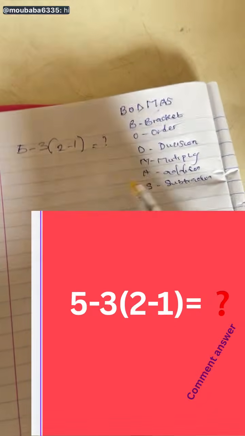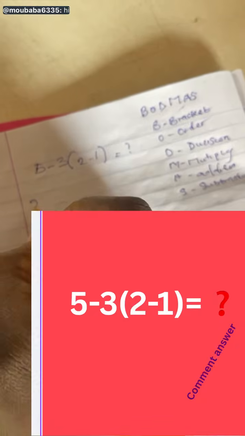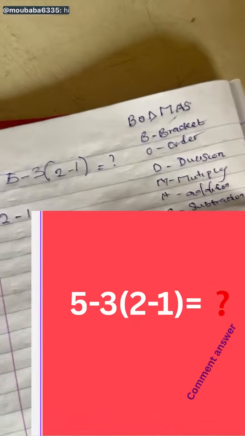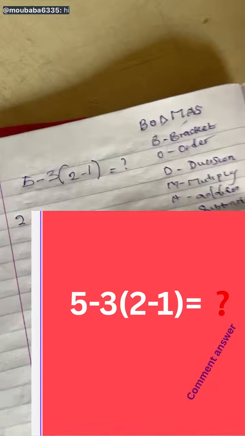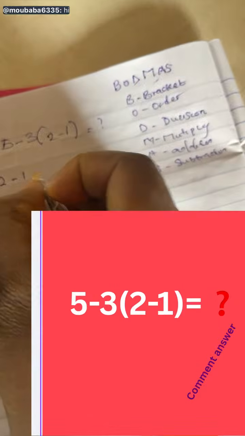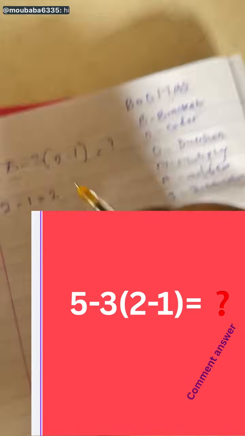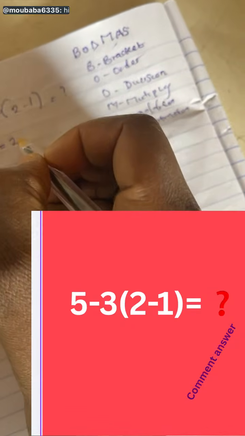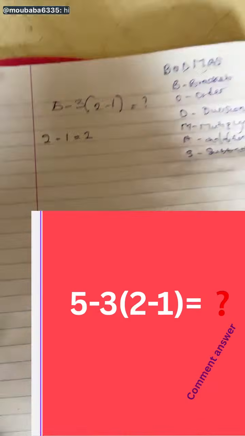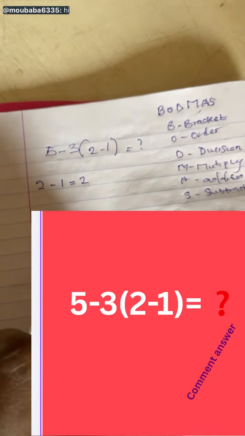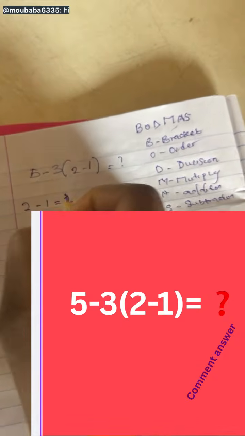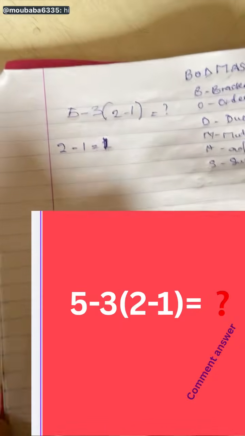Bracket comes first. We'll do 2 minus 1. 2 minus 1 is going to give us, sorry, 1.